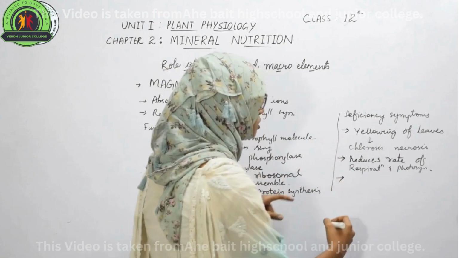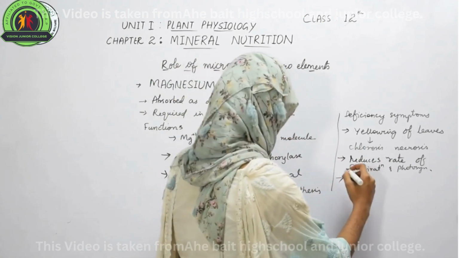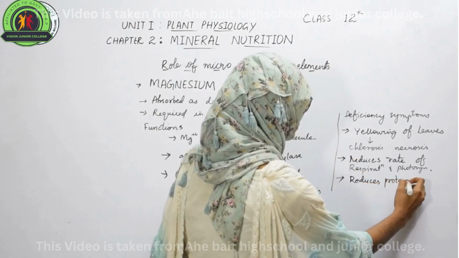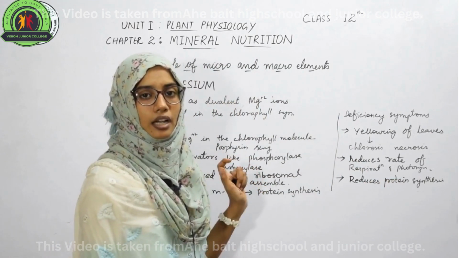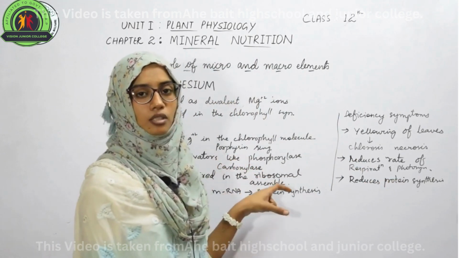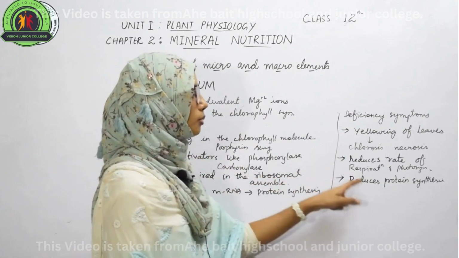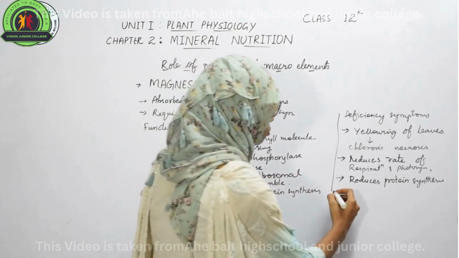The next deficiency symptom in the case of magnesium ion is reduced protein synthesis. As magnesium ions help in ribosomal assembly, they help in protein synthesis, but due to the absence of magnesium ions, protein synthesis would get affected or reduced.